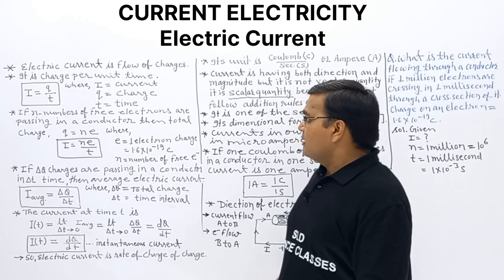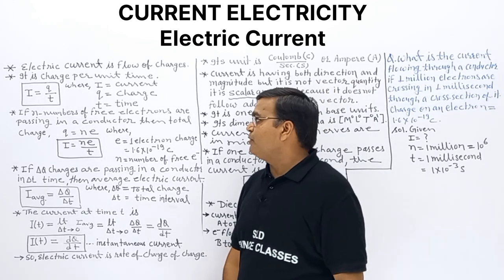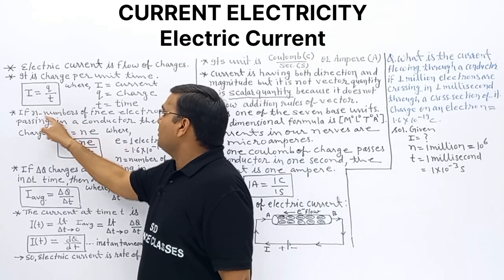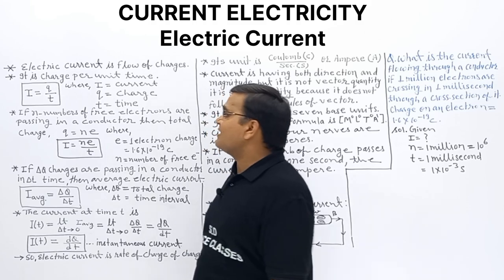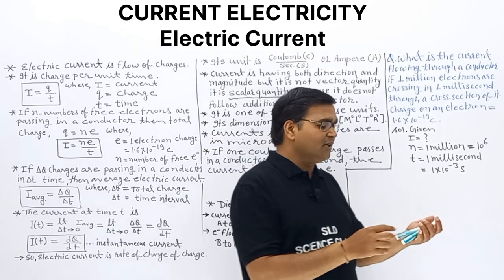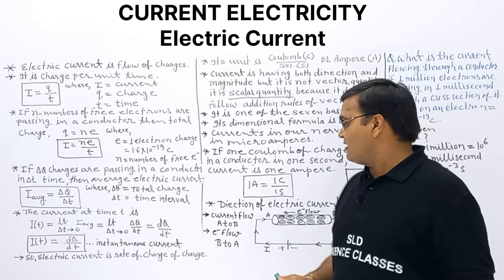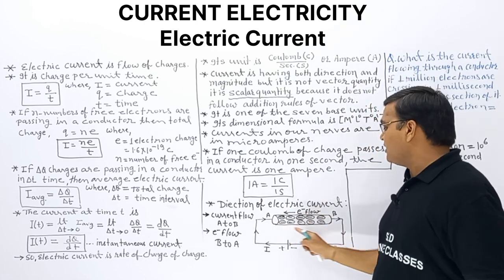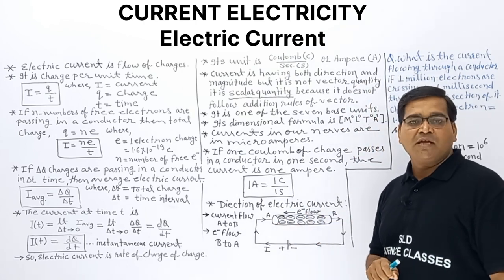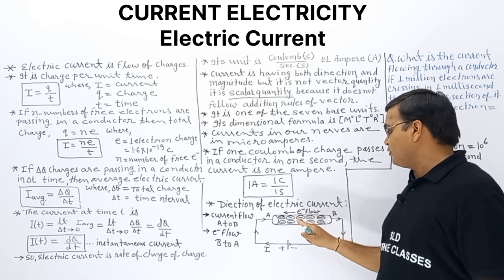Clear? In another way, if n number of free electrons are passing in a conductor, we have one conductor in which n number of free electrons are passing.